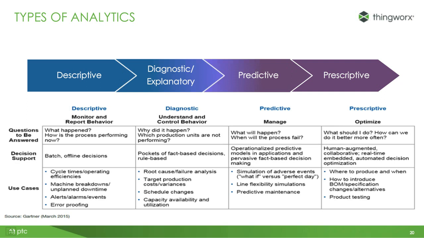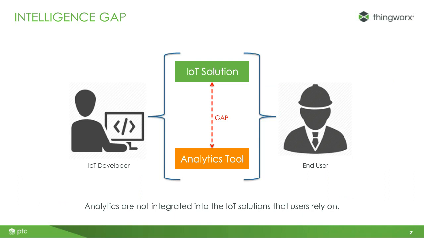So what we're seeing in the market is actually something pretty interesting, that the analytics aren't actually integrated into the apps they're using. So there's an IoT solution, but then when you want to get advanced analytics like predictions, or even run some simulations potentially through an application of what to do and what not to do in a certain situation, you have to go to another tool.